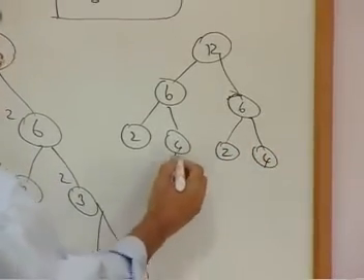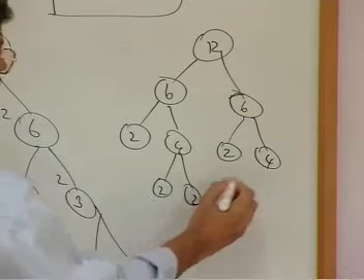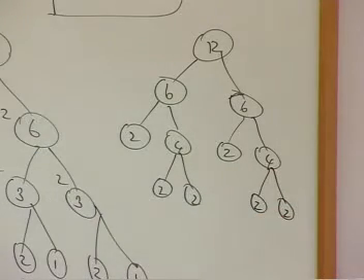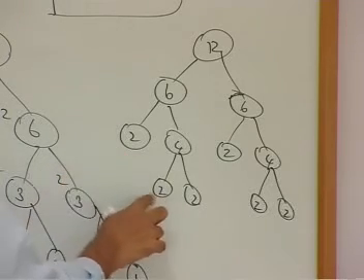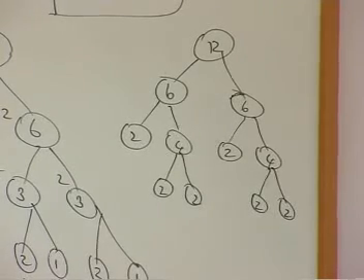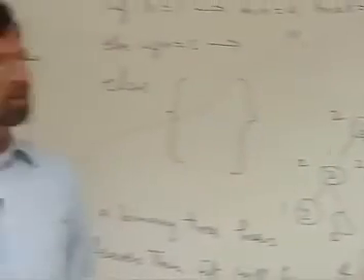And 4 I am going to split as 2 and 2. So now you see what are all the leaves. This is one leaf, 1, 2, 3, 4, 5, 6 leaves, each contributing 2. So 12 is accounted by 6 leaves.